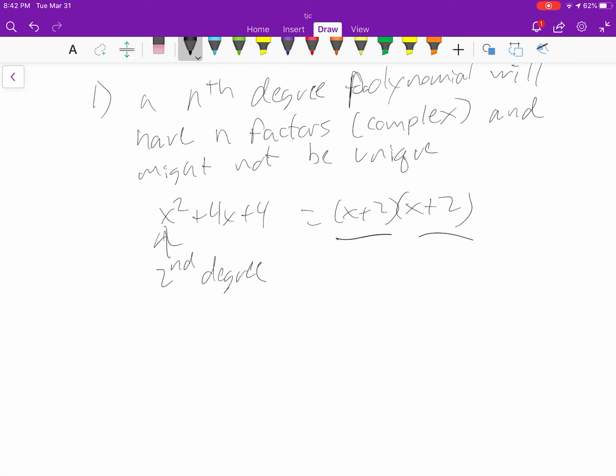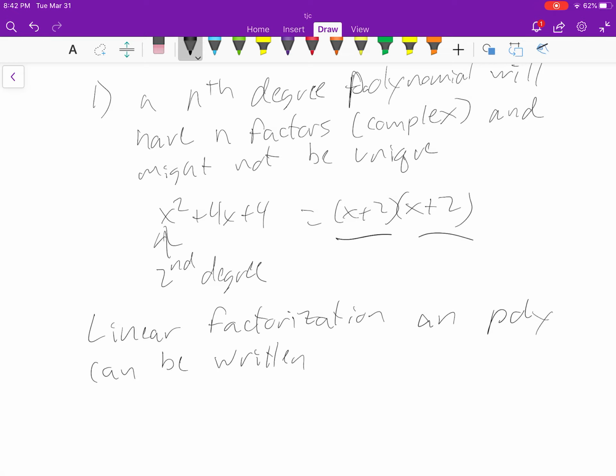That's a strong thing. It allows us to do something else. It allows us to do what's called a linear factorization. From this, we can get that any polynomial can be written like this, dot, dot, dot.